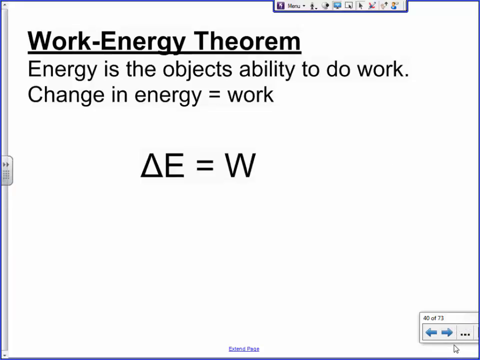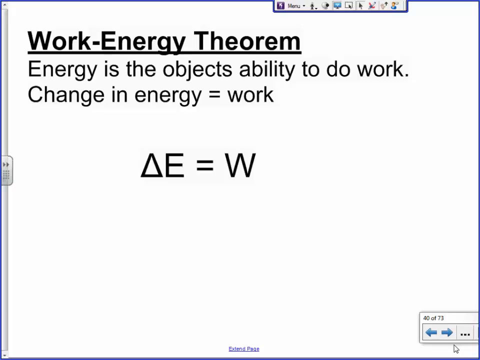So here's our first formula. This one's probably not on your current data sheet, I don't think. Basically, if there is some sort of change in energy, the reason why that energy was changed is something did some work. So essentially, if I tell you you did 5 joules of work, it means that you must have changed your energy by 5 joules.